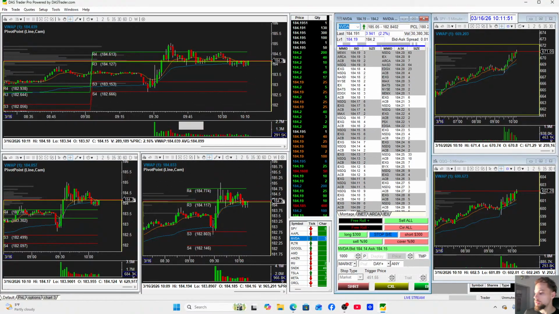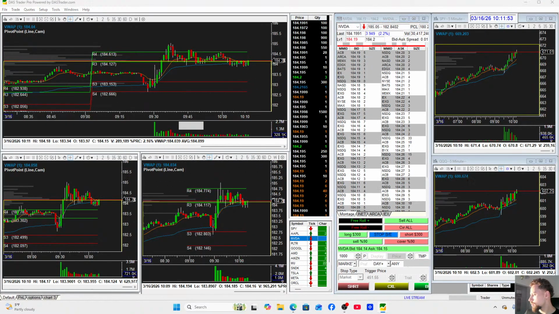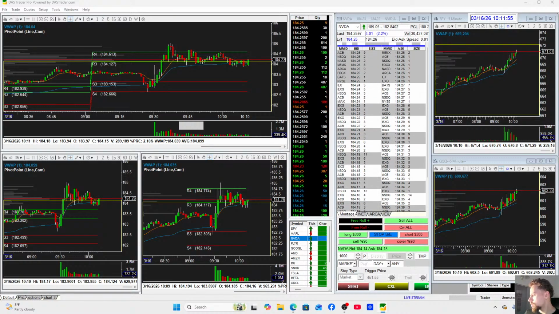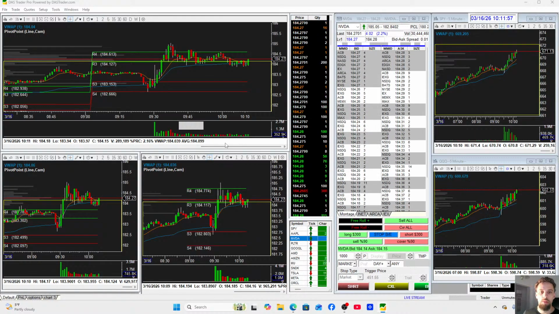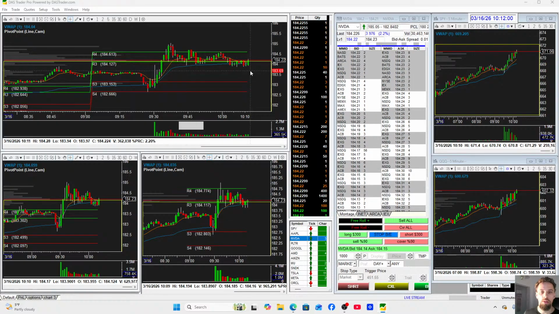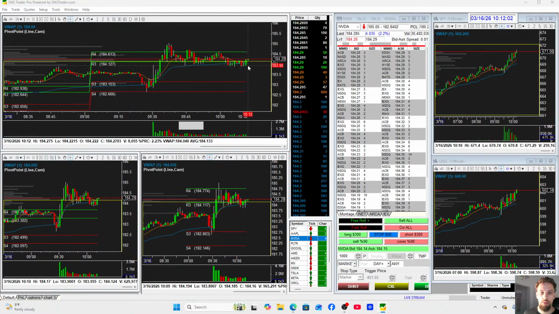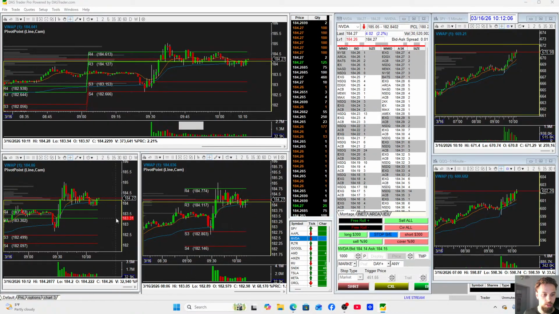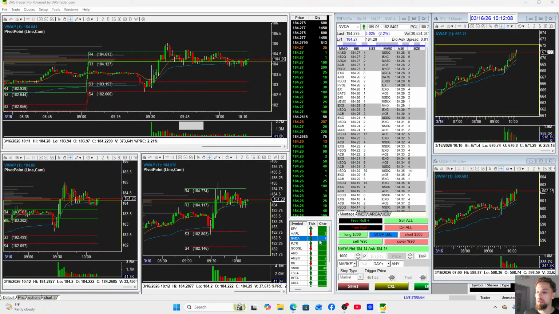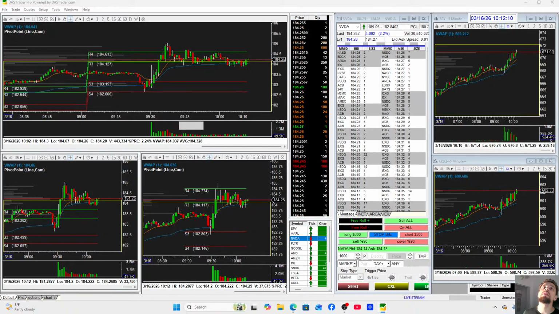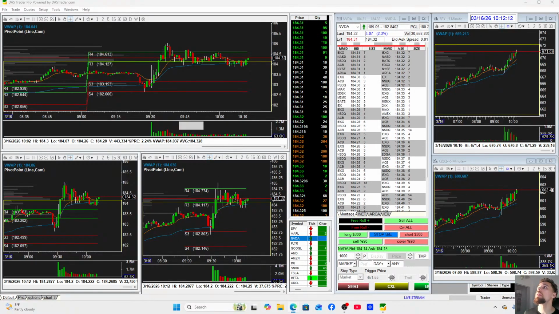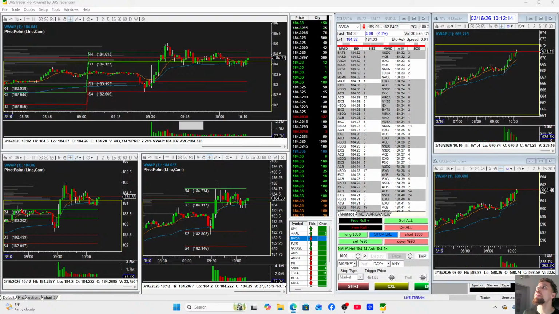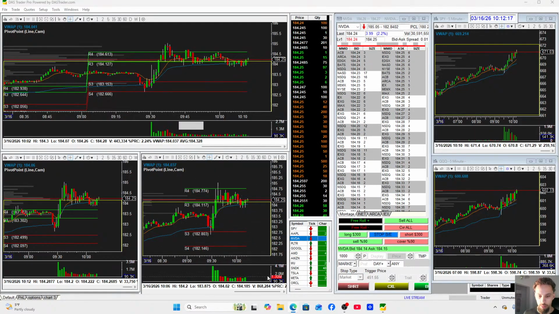Lots of volume here. Might be good to take a long here. It's a nice candle. What's the ladder looking like on Nvidia? 184.5.